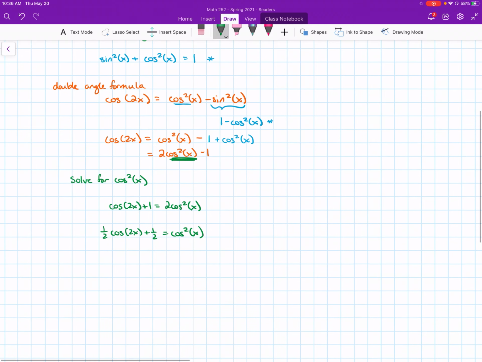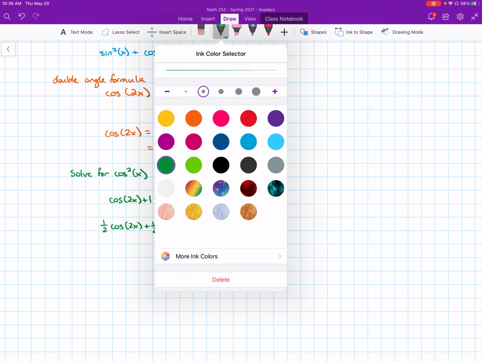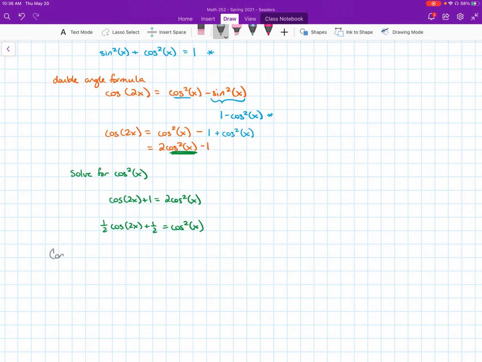And now I can rewrite my integral: the integral of cosine squared of x is equal to the integral of 1/2 cosine of 2x plus 1/2 dx.